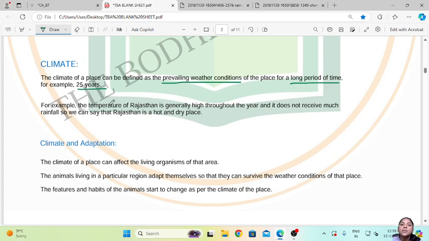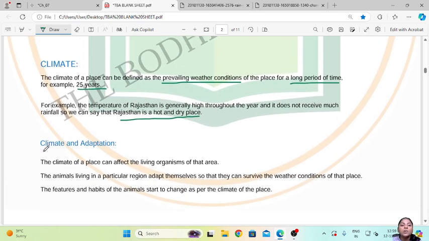For example, we know that the temperature of Rajasthan is generally high throughout the year and it does not receive much rainfall. So we can say that the climate of the place is hot and dry, or that Rajasthan is a hot and dry place.